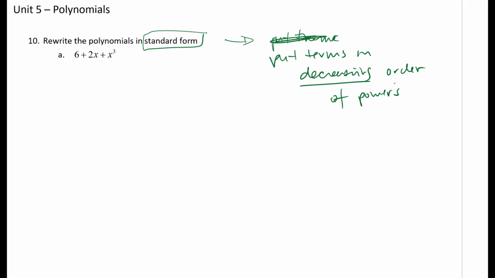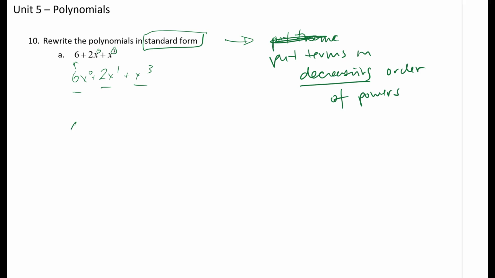So now don't look at the leading coefficients, look at the exponents themselves and put them in decreasing order. So if we remember this as 6x to the 0 and 2x to the 1 and x cubed, we can see that this is the highest, this is the next highest, this is the next highest.